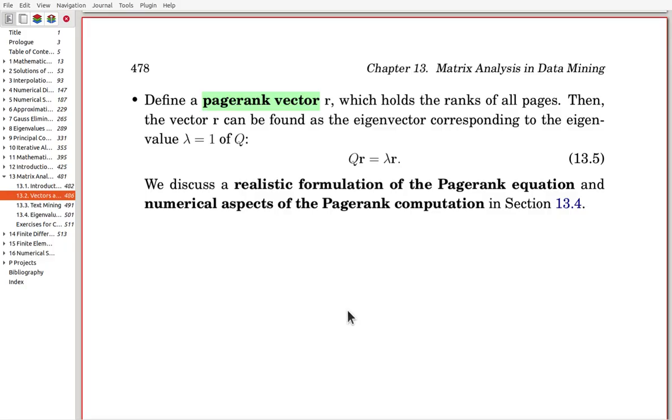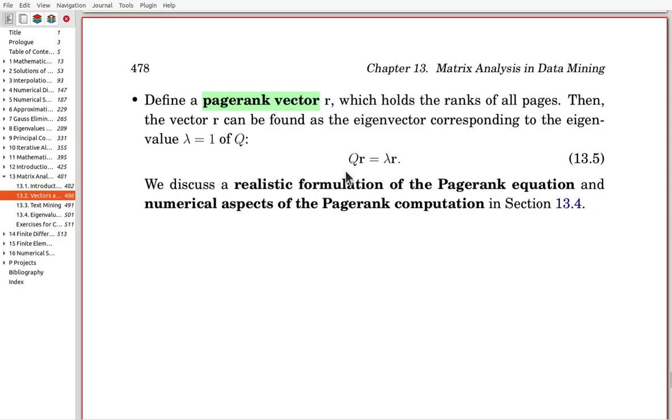That is what the PageRank algorithm is doing. Once we define R, then the vector R can be found as the eigenvector corresponding to the eigenvalue problem QR equals lambda R, where lambda must be 1.